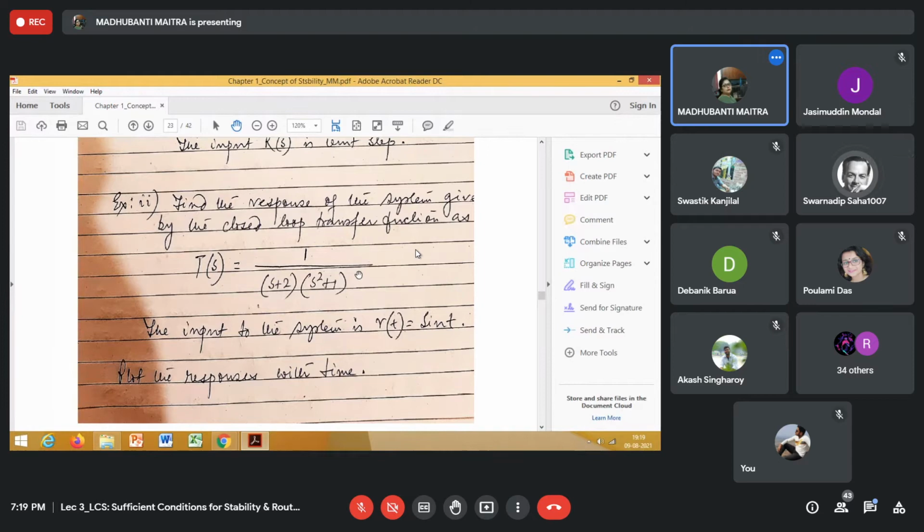Ma'am, is it only applicable when the pole location of the transfer function and the pole location of the input match? Pole location means, if the system has simple poles on the imaginary axis, then only will we face this problem.